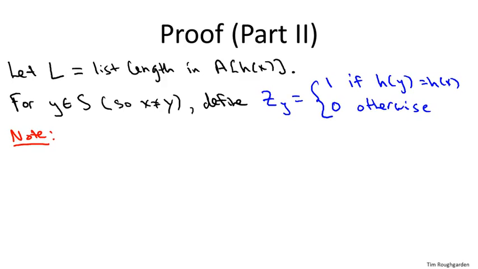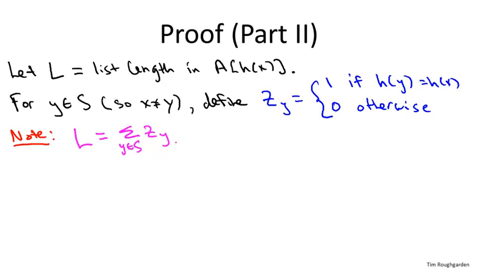Now, here's what's cool about these random variables: capital L, the list length that we care about, decomposes precisely into the sum of the Z_y's. That is, we can write capital L as being equal to the sum over the objects y in the hash table of Z_y. This equation is always true, no matter what the hash function h is.